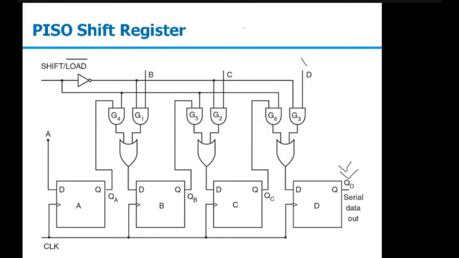So for example, again, if I am taking only a 2-bit example, these are the 2 stages that we are considering. So this will be D0, this will be Q0, this is D1, and this will be Q1.